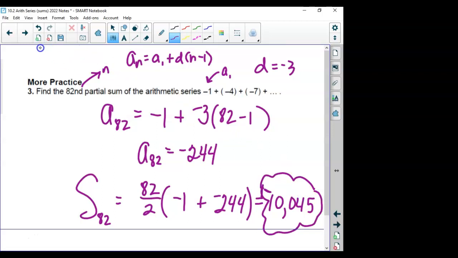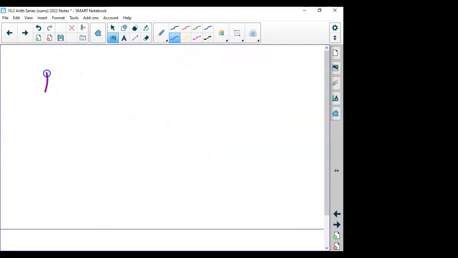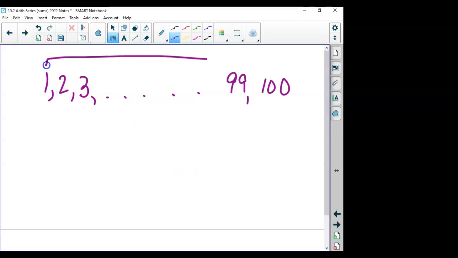Okay, let me real quick, I should have talked about this before, explain how this works. If I asked you to add up all the numbers 1 to 100, there's a really easy way to do this. Guys, look what happens when you add 1 and 100. It's 101, right?